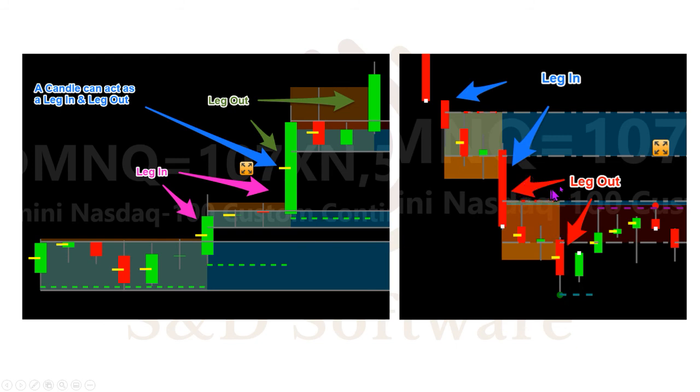So in this case, the leg out is also acting as a leg in. So they can do double duty. So that shows you about the leg in and leg out of the base. And we will be talking more about the importance of those leg ins and leg outs and how they might help us choose better areas of supply and demand.